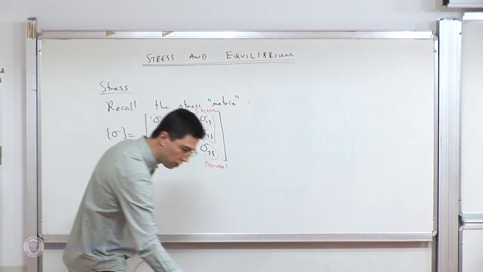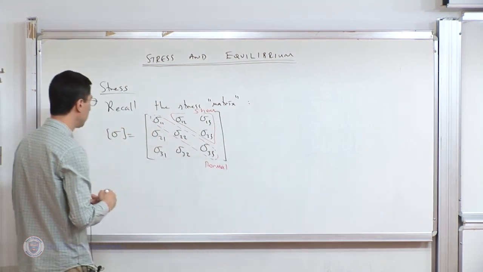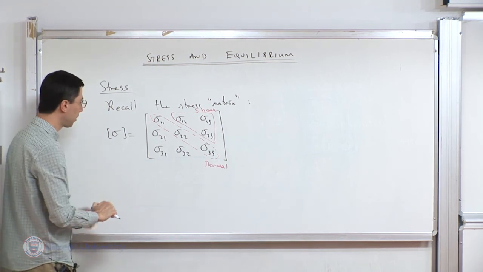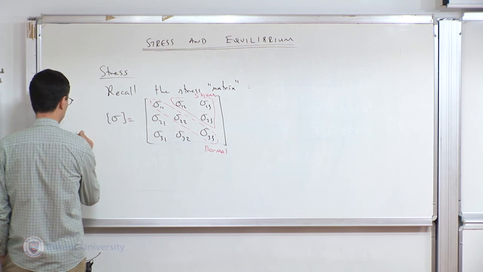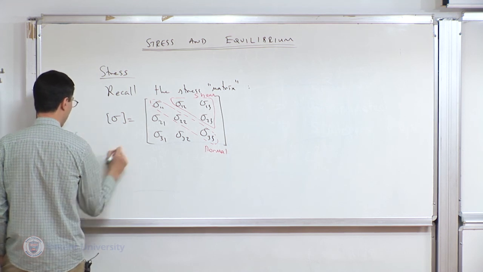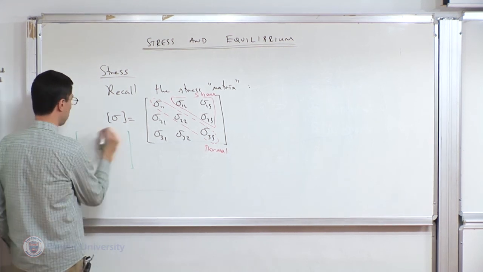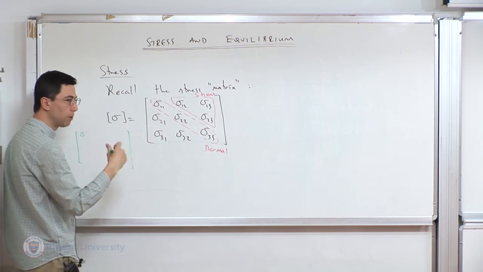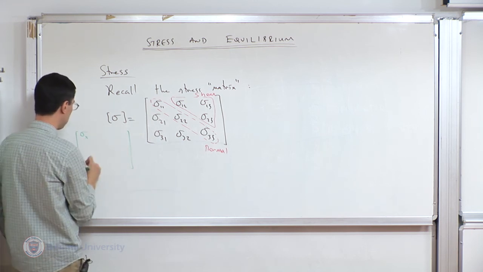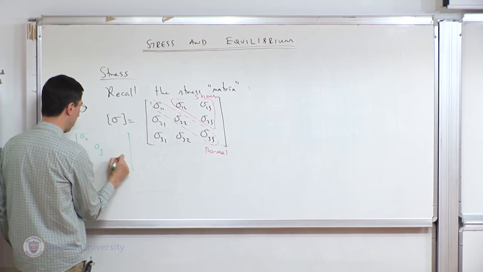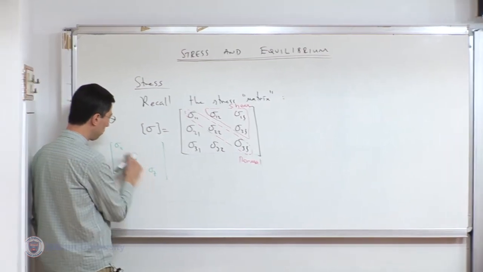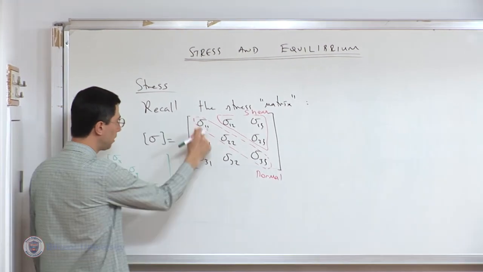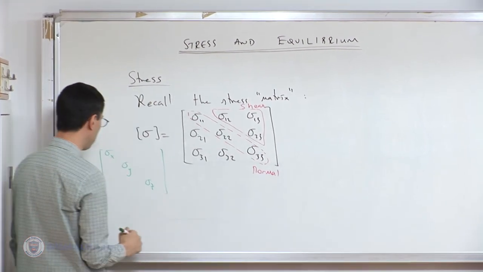Okay, so just a notational update similar to the strain. In the past, we used to write the matrix as follows. For instance, in Cartesian coordinates, I would write sigma x, sigma y, sigma z. And now, just as we've done in strain, we've updated this notation to 1, 2, 3.